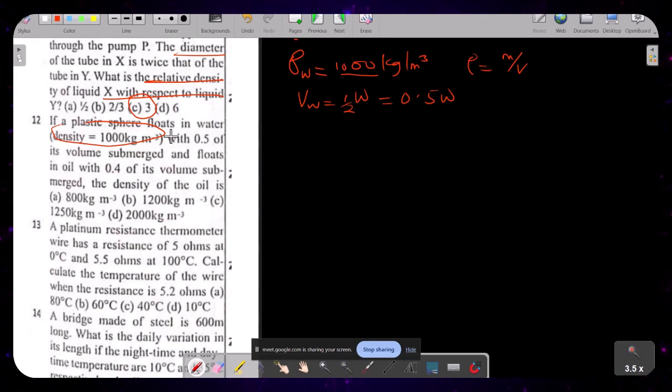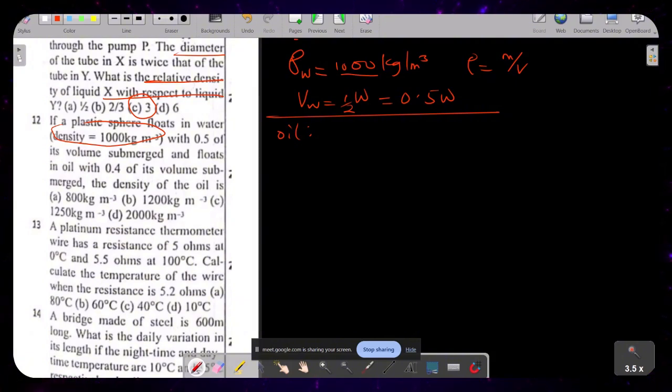Now, they now say that, okay, that is for the water. I'm done with the water. They now say, and floats in oil, with 0.4 of its volume. For oil, now this time I'm in the oil section.